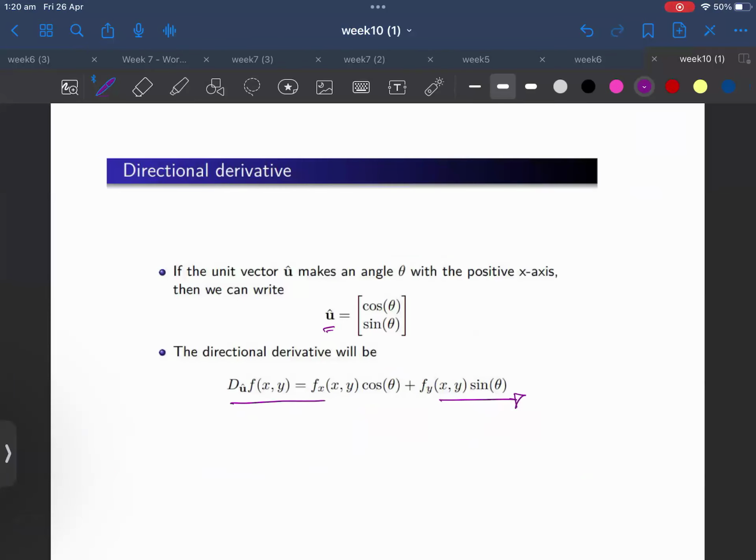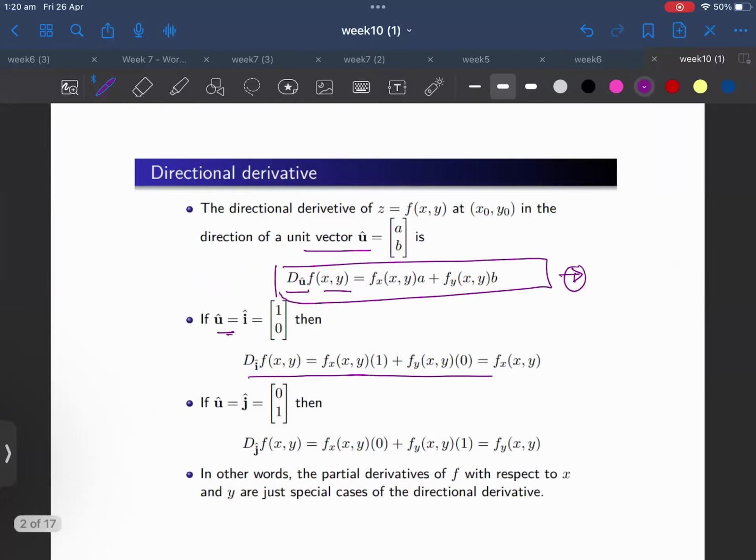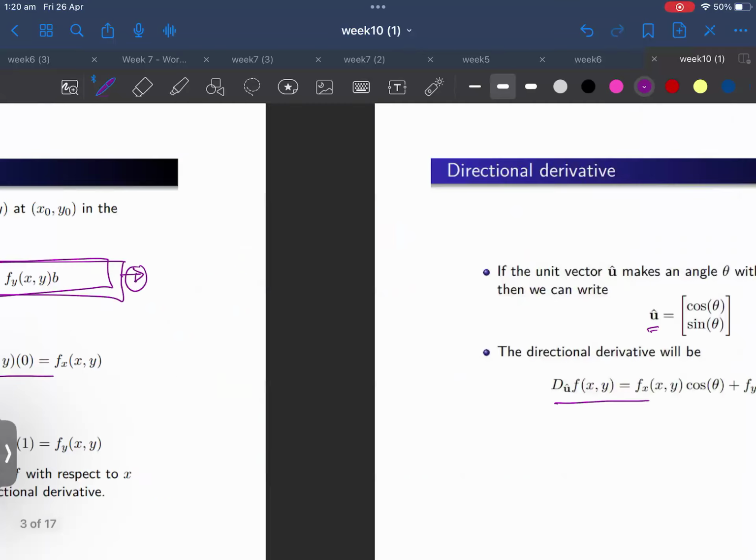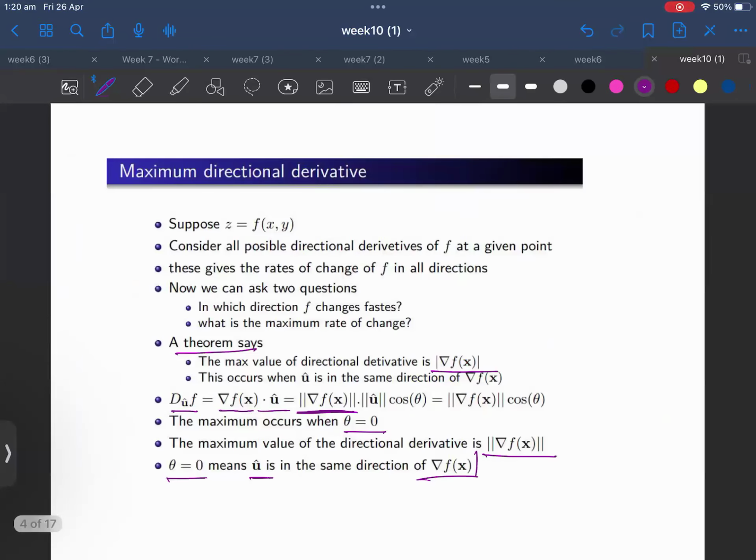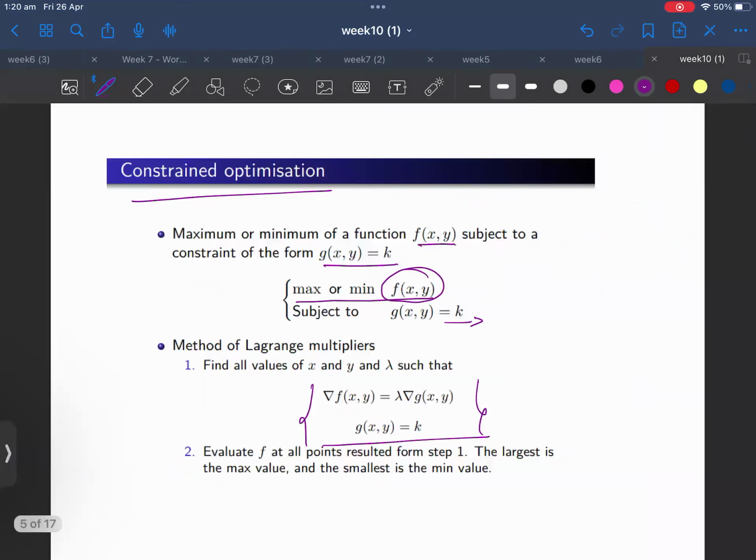So we need the directional derivative formula at this moment. And remember, the directional derivative would be the maximum when theta equals 0. And for the method of Lagrange's multipliers, we need this formula.